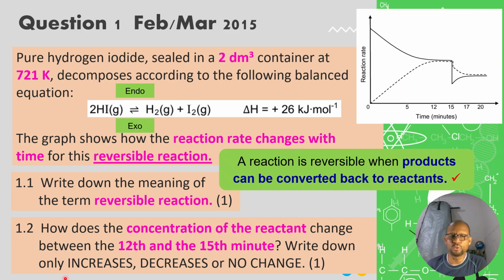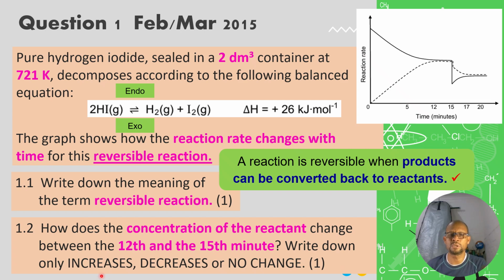Question 1.2, how does the concentration of the reactant change between the 12th and the 17th minute? Write down only increases, decreases, or no change. For this particular question, learners, you need to take note of what they ask. Do not use different words.